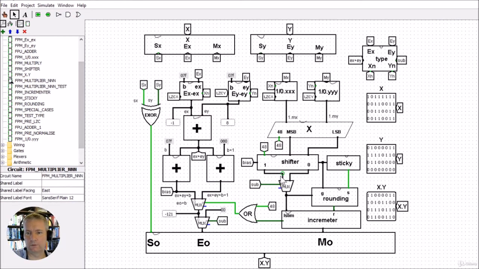So finally we're going to head out down through here, and we've got the incrementer section, and this would be determined by the rounding section here.